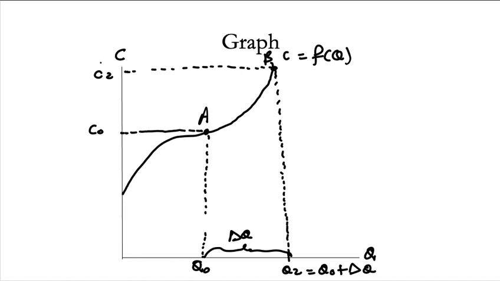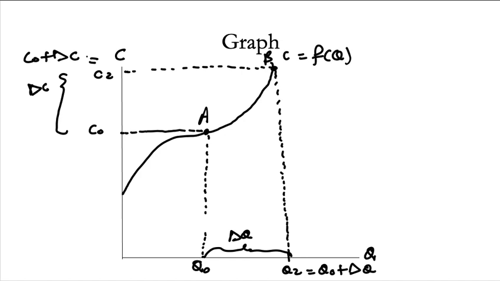Cost has increased, isn't it? And the increase is by the difference between C2 and C naught. So we have here change in C. Therefore, C2 here can be rewritten as C naught plus change in C.